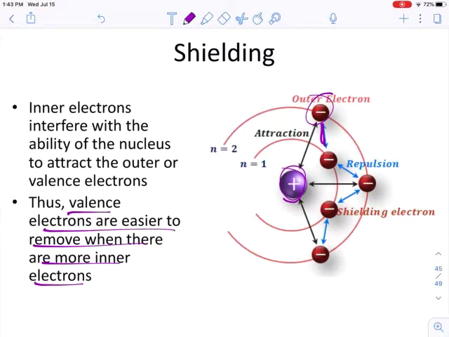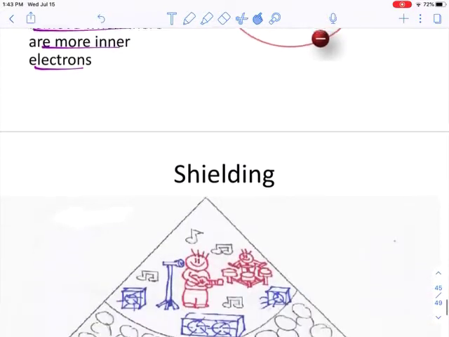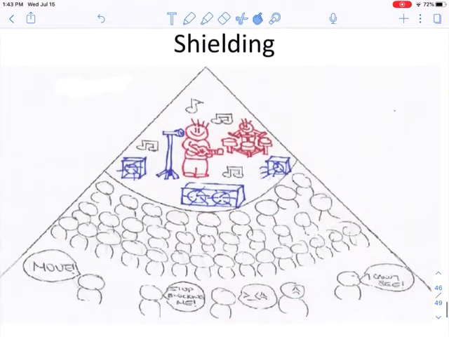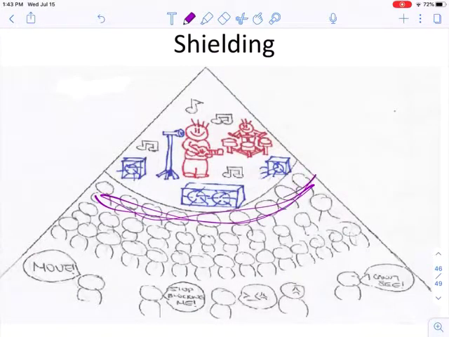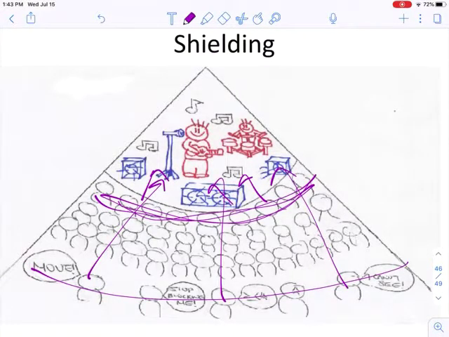So the more shells there are, the more shielding there is, and the more shielding there is, the energy drops. Think of it this way. If you went to go see a show, well, these people up here in the first row, they have nobody blocking their view. Well, they're not likely to leave at all because they can see the show no problem. But as you get further and further out to these guys out here, well, these guys can't see the show that's going on. They got all sorts of people in the way.